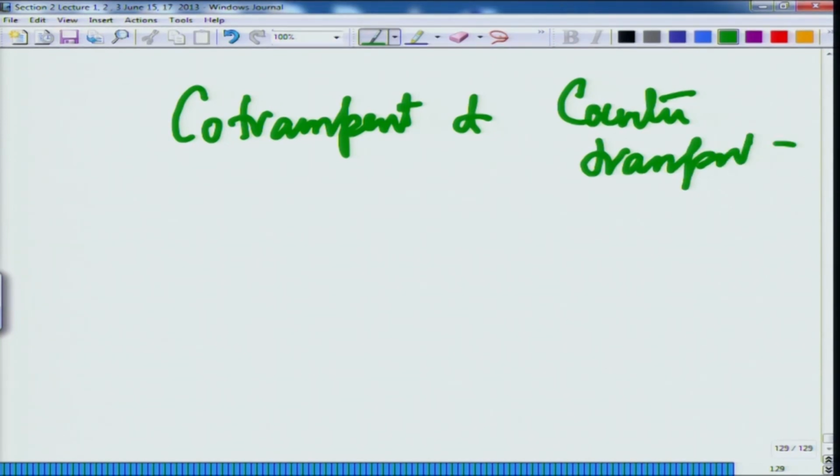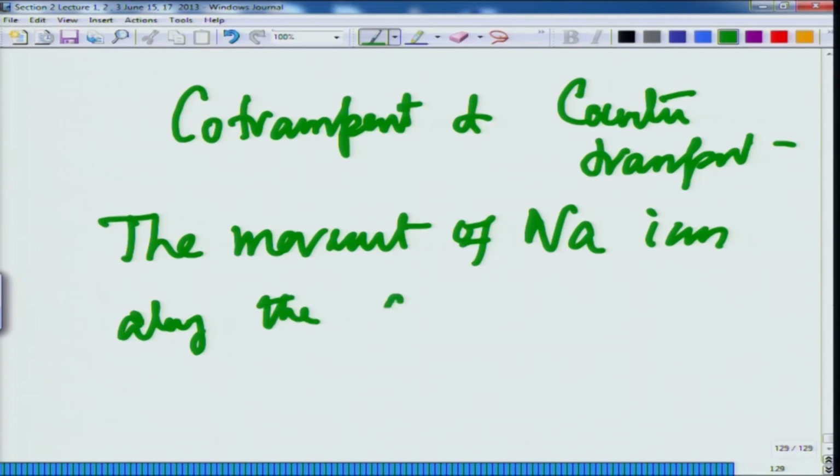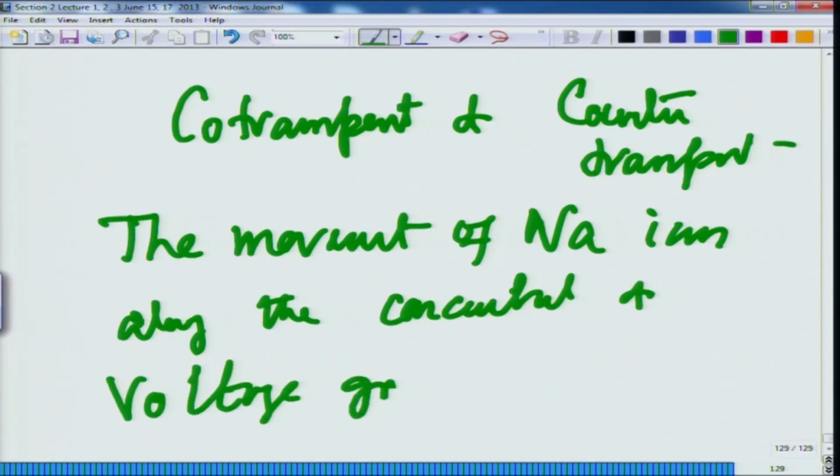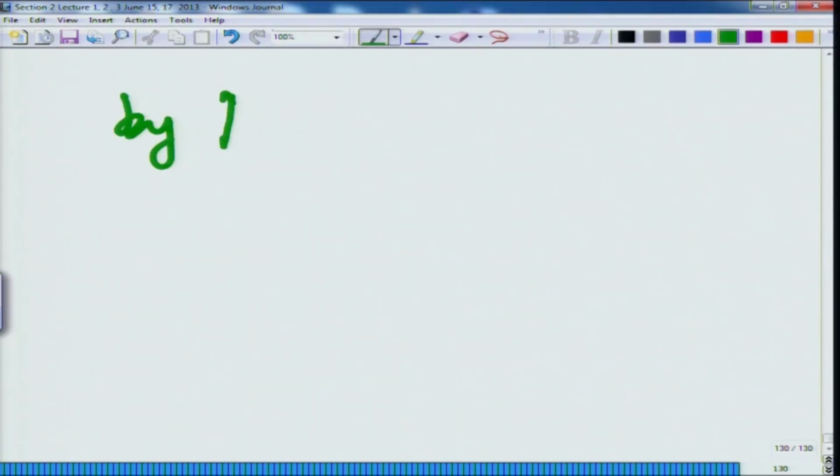One simple example is the movement of sodium ions along the concentration and voltage gradient that is established by sodium potassium pumps.